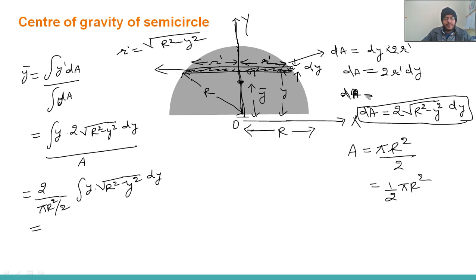Okay. Now to calculate this, we have to take, for example, root under r square minus y square, and I'm assuming it as t square.